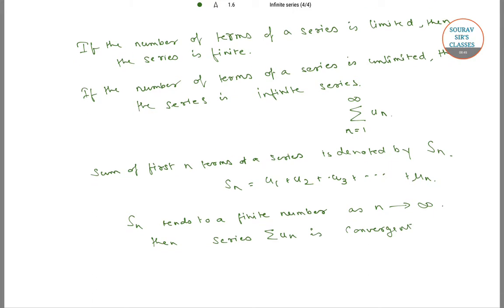And if Sn tends to infinity as n tends to infinity, then the series summation un is said to be divergent.